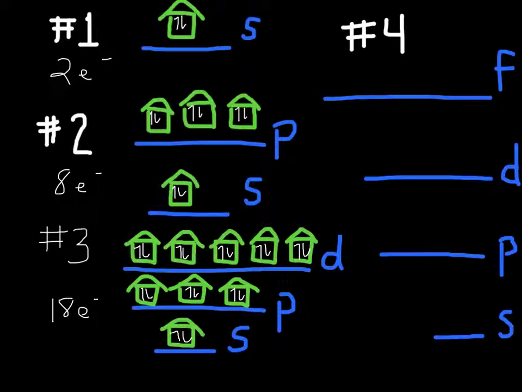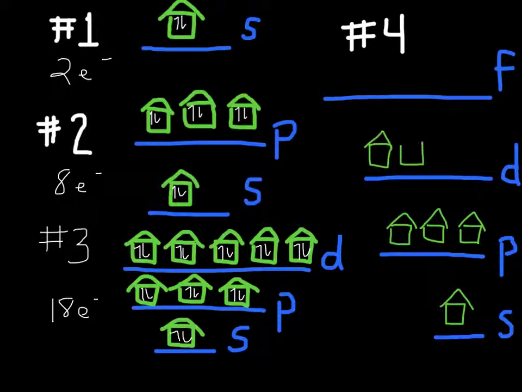And on each street, we have to have the right number of houses. S Street has 1 house. P Street has 3 houses, or orbitals. D Street has 5 houses. F Street has 7 houses.